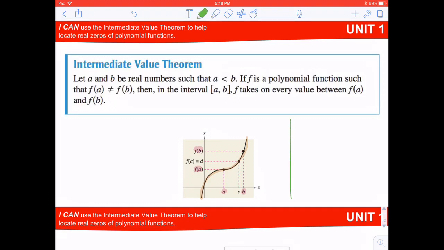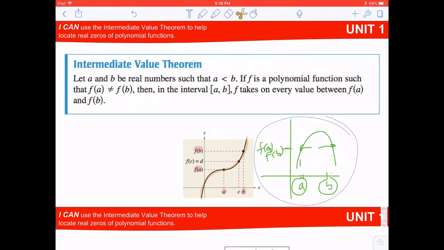So we don't have something that looks kind of like this, and that's our a and that's our b, and then f of a is the same thing as f of b. That's not what we want. See how these have matching y values? We can't use the theorem if we have endpoints here with matching y values. It just won't work in that case.